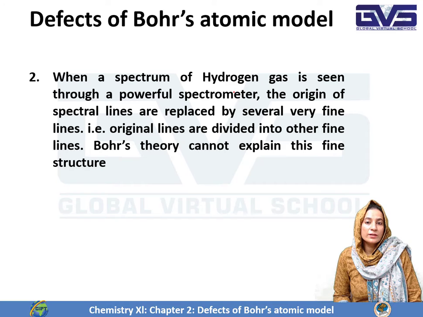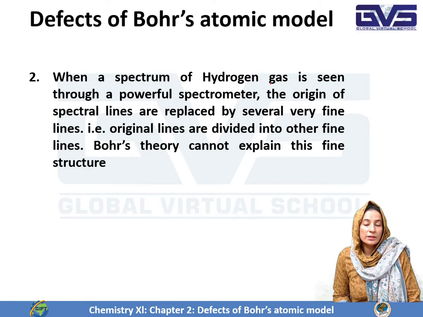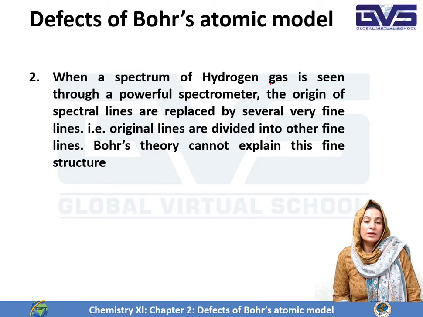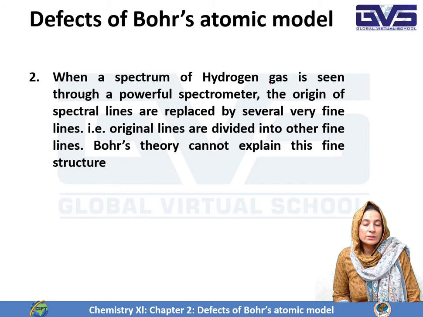One line that is seen is actually a combination of a lot of very thin lines. Bohr's theory cannot explain this fine structure. Bohr could not answer why there is a fine structure in the presence of a high spectrometer.